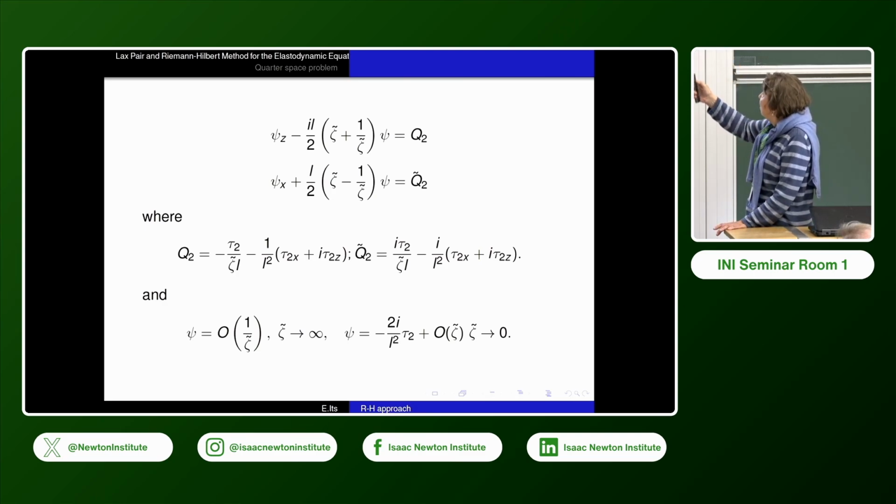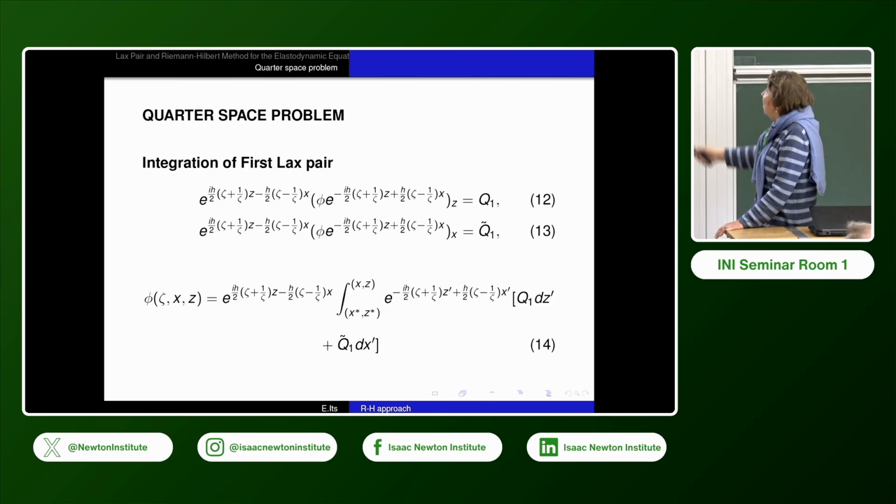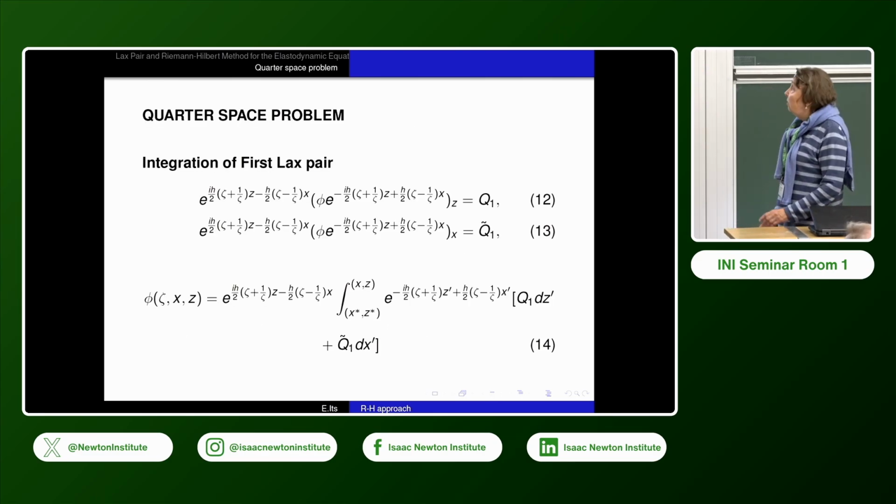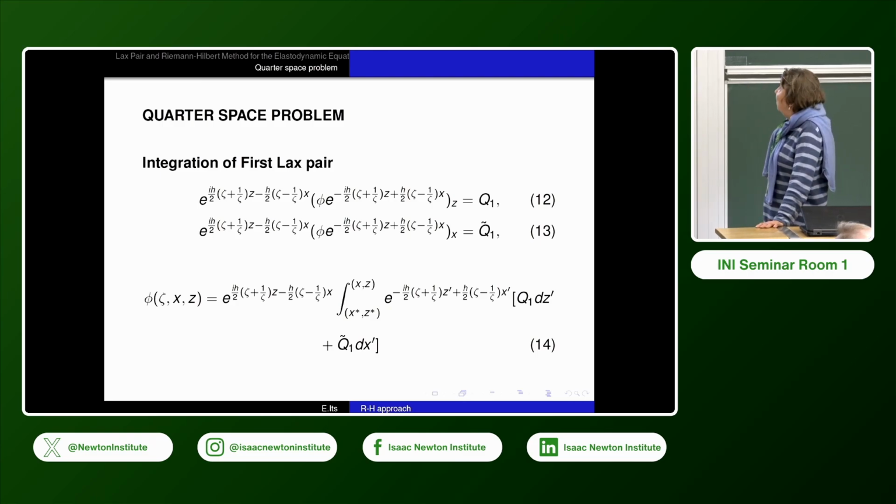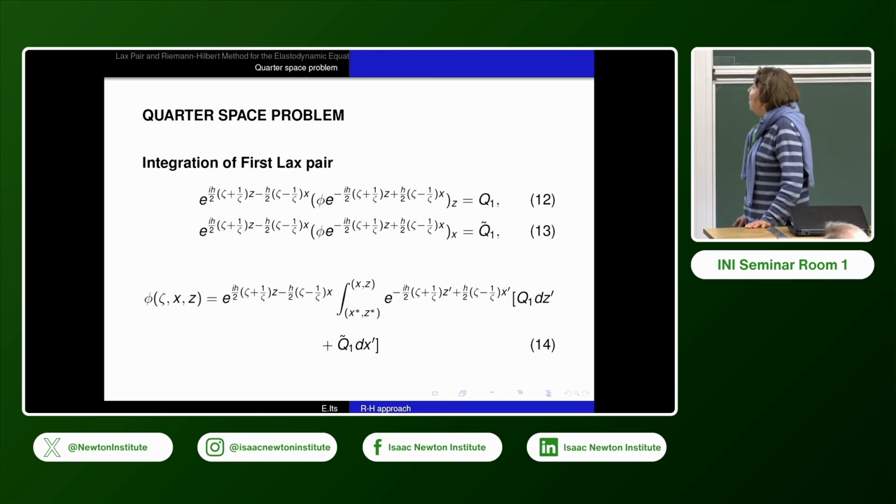Here is the second Lax pair for the second Helmholtz equation. Everything is absolutely symmetric. So we start integration, and we rewrite the system a little bit differently, and the solution is now presented in terms of the line integral of a certain, I could say, conservative vector field.